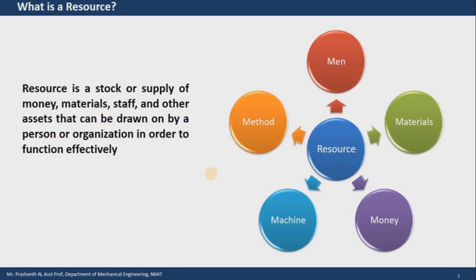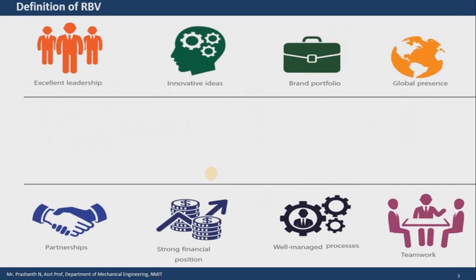So now that we have understood what a resource is, let us try to understand what this resource-based view of a firm is. To begin with, the resource-based view of a firm, or resource-based view, is in short referred to as RBV.